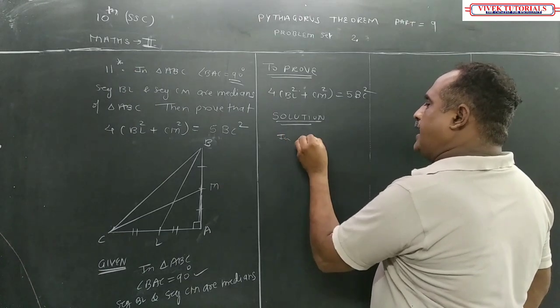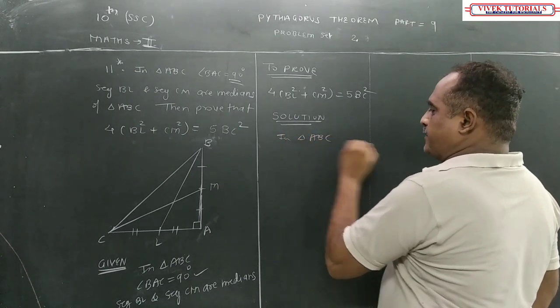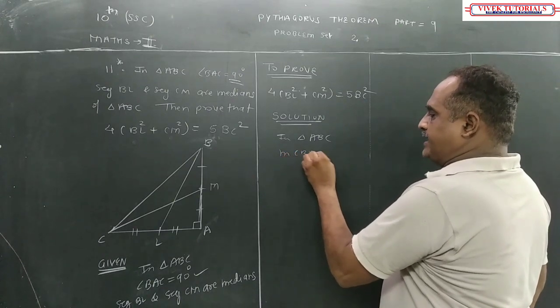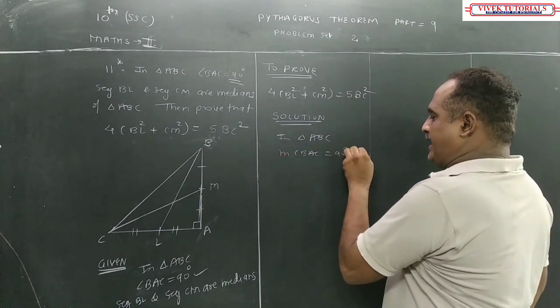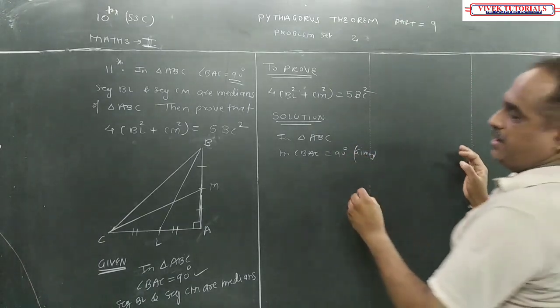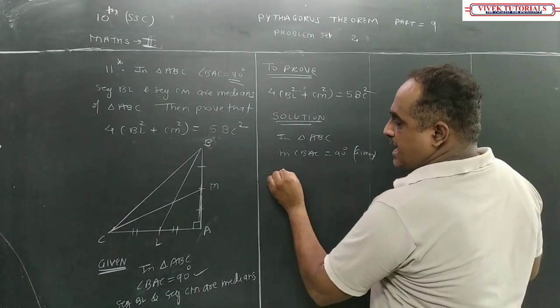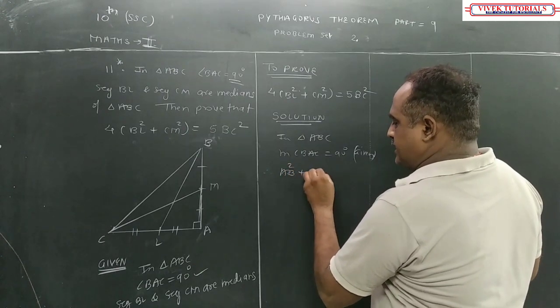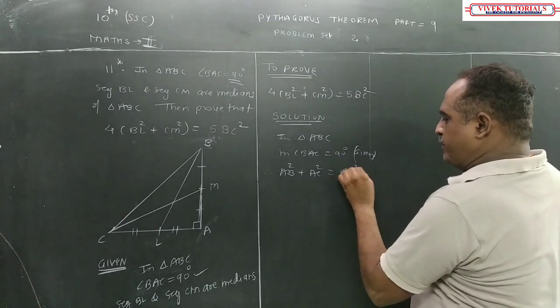In triangle ABC, measure of angle BAC is equal to 90 degrees, it is given. Therefore, what I can write is AB square plus AC square is equal to BC square.